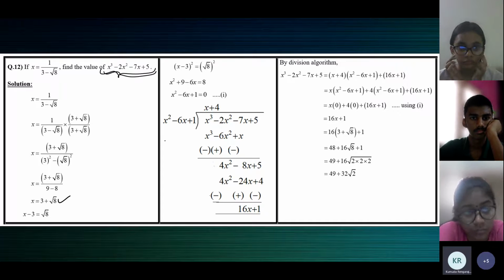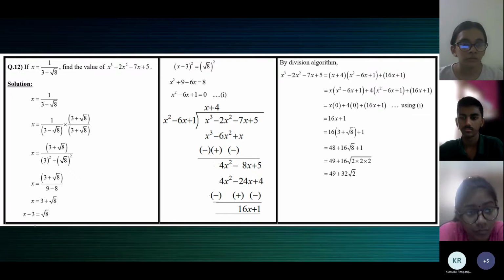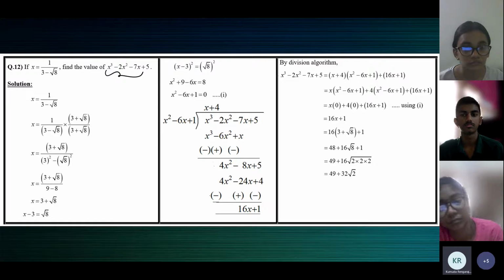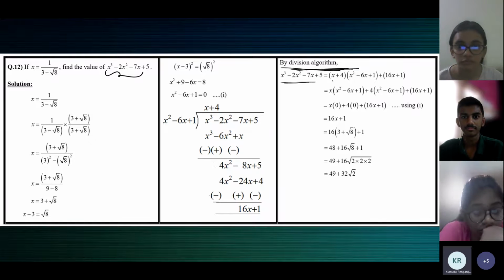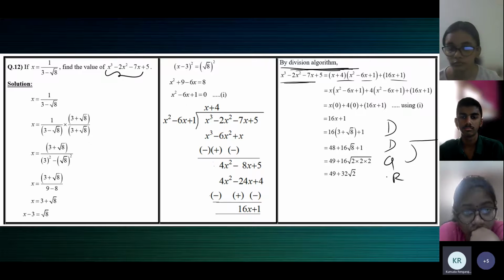Divisor, now you'll have to create the divisor. You understand what's happening? Dividend is equal to divisor into quotient plus remainder. But you should have the dividend, divisor, quotient, and remainder, having performed a division. Only then can you use the division algorithm. I'm explaining from behind.